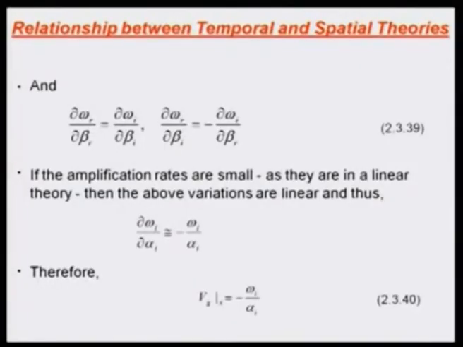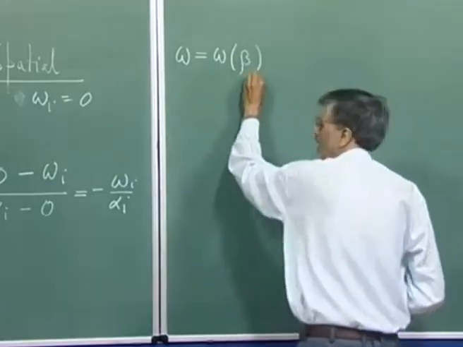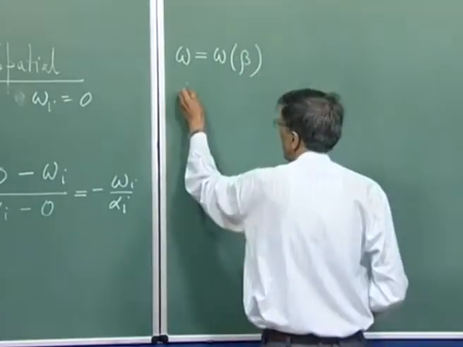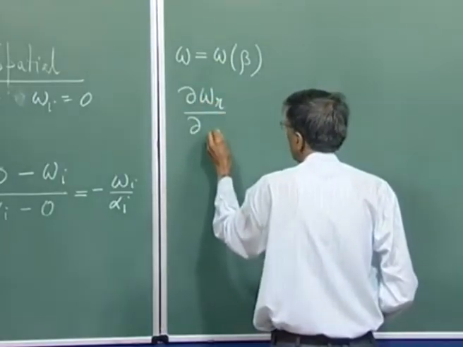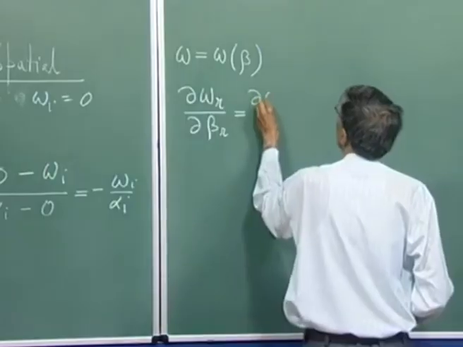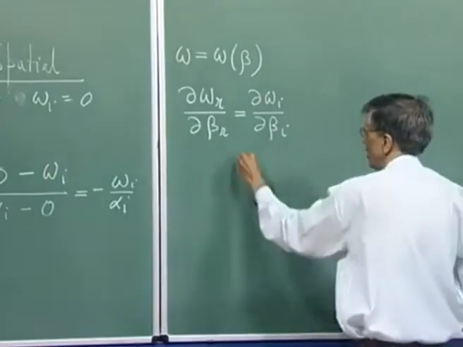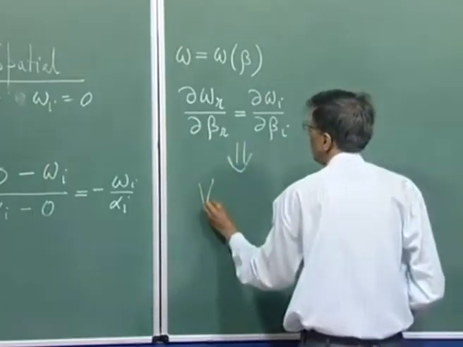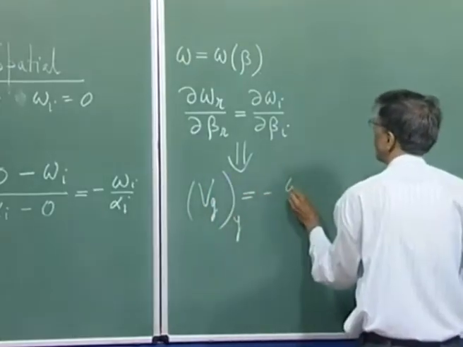What about Vgy? Vgy, you can do the same exercise. Now, instead of writing omega as a function of alpha, you write it as a function of beta, and once again the first of the CR relation, the Cauchy-Riemann relation, would be given by this, and going by the same logic, this will give you the y component, which would be simply minus omega I by beta.